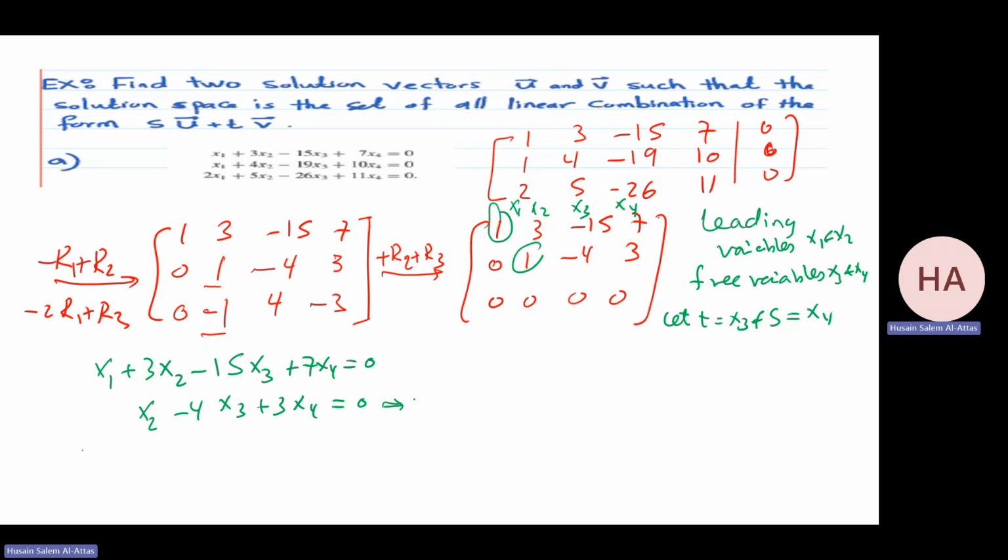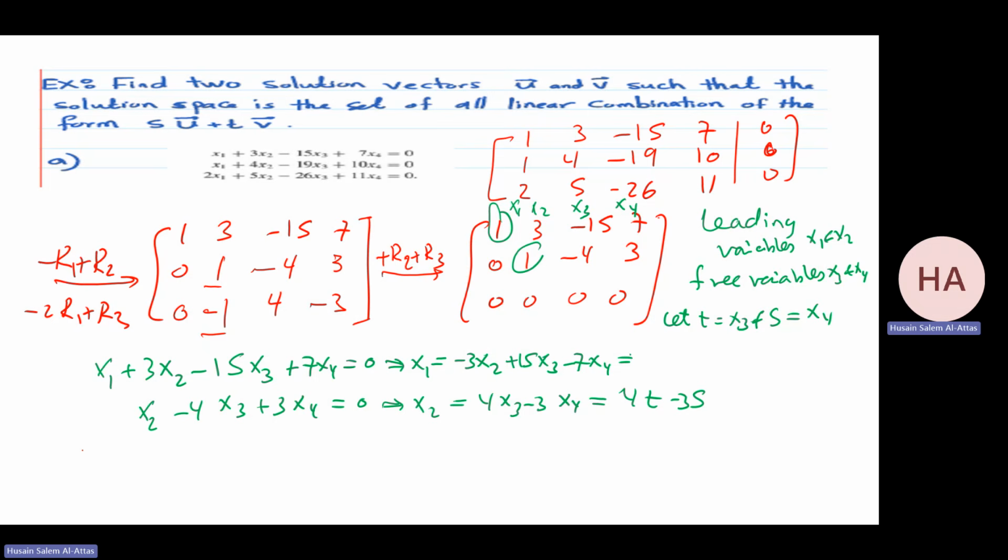So from here, I'm getting x2 is 4x3 minus 3x4, which I can write in terms of s and t: 4t minus 3s. And from here, I have x1 is minus 3x2 plus 15x3 minus 7x4. The thing becomes a little bit complicated.